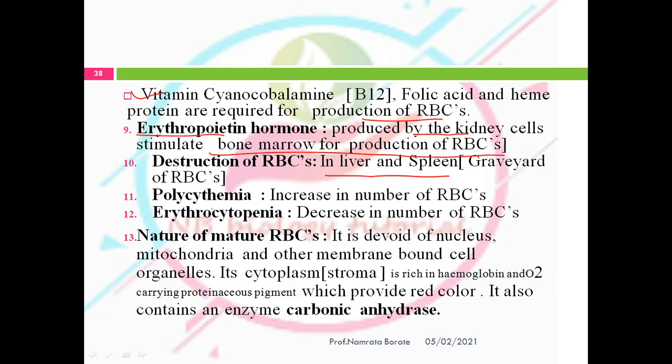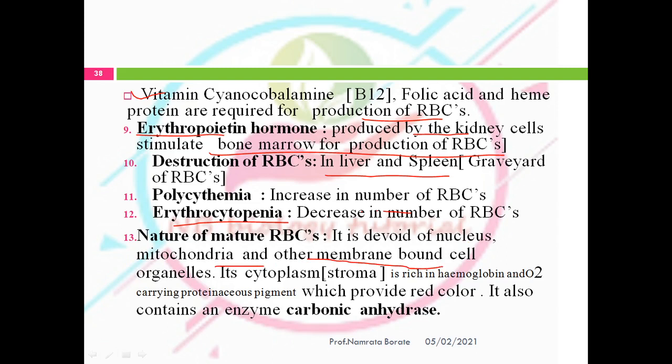When the number of RBCs increases above the normal level, it is named polycythemia. If the number of RBCs decreases, it is named erythrocytopenia. The mature RBC is devoid of the nucleus, mitochondria, and other membrane-bound cell organelles.